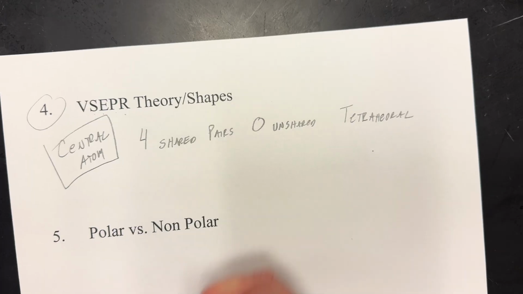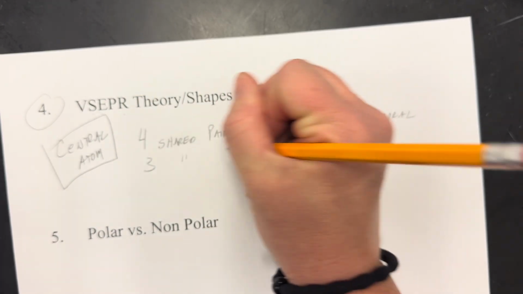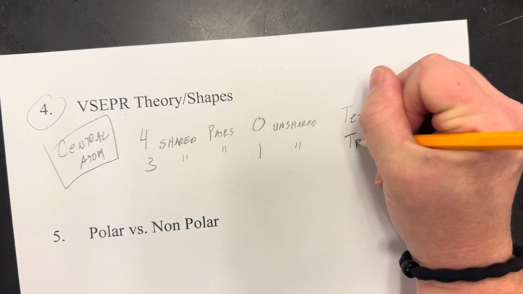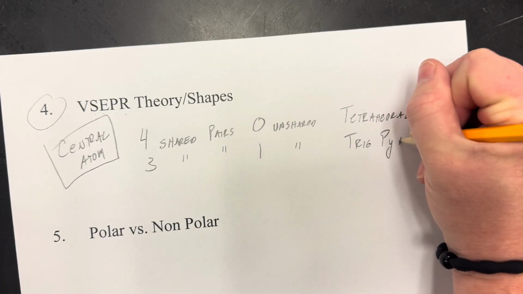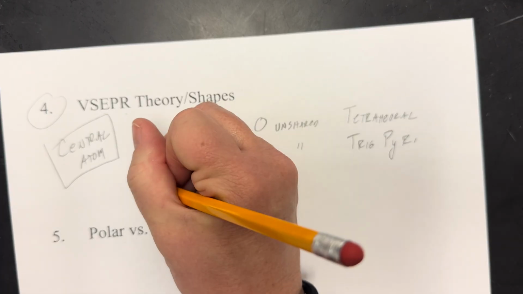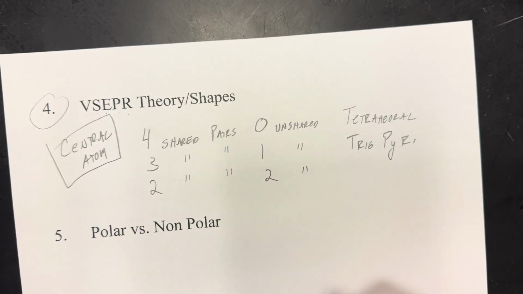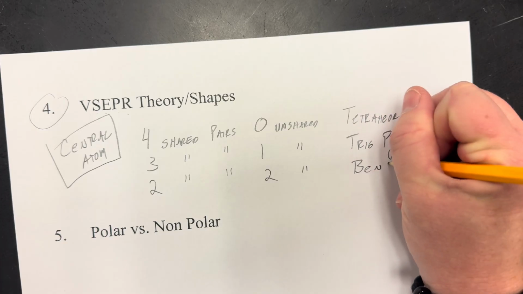Okay, shape. If you have 3 shared pairs and 1 unshared pair, that is trigonal pyramidal. That's a pyramid. If you have 2 shared pairs and 2 unshared pairs, that is going to be bent.